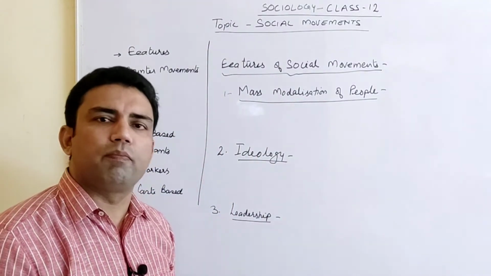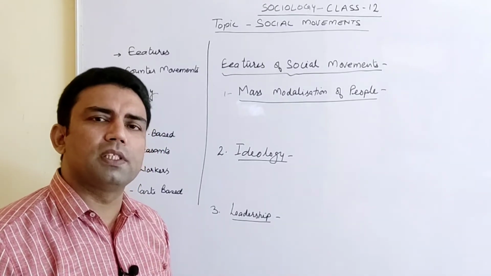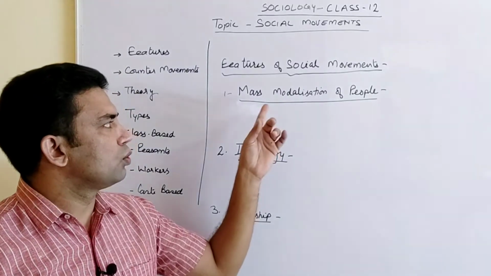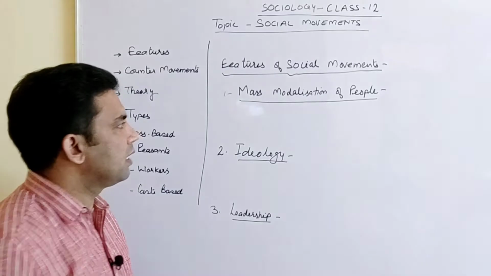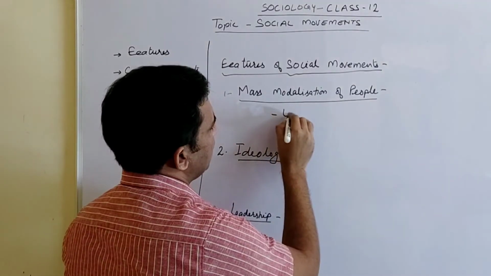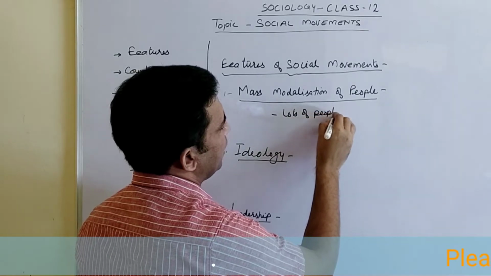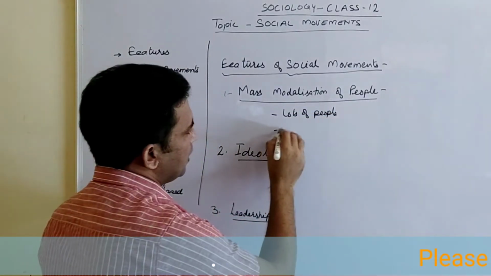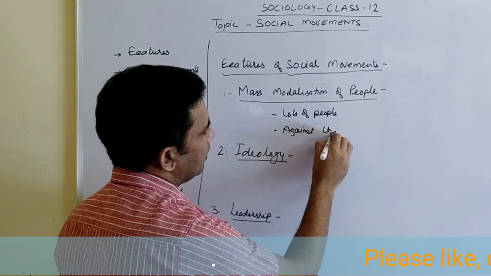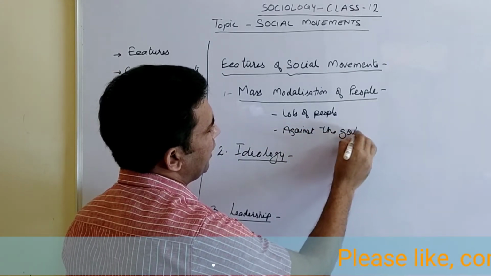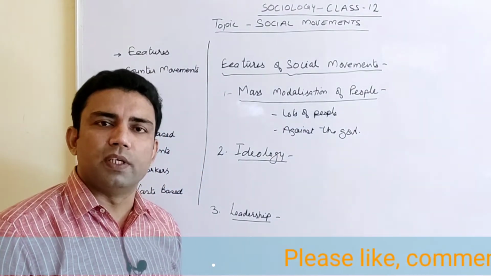We need a lot of people together for the social movement because most of the time we see that social movements are against the government. When they are against the government, what happens? Only lots of people can help to take it forward, because whenever you are doing anything against the government, it is very difficult for you to continue it.